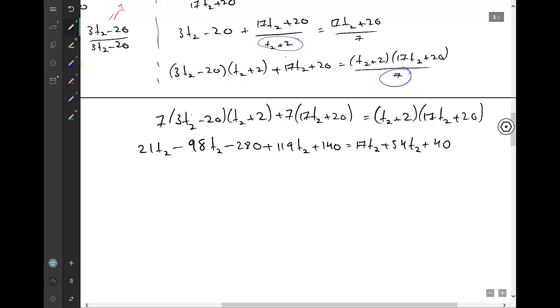Now I've actually made a mistake here, see if you can spot it. Alright, so the mistake was that I'd left off the squared from here and here.